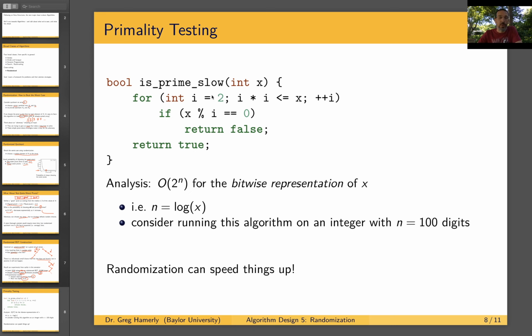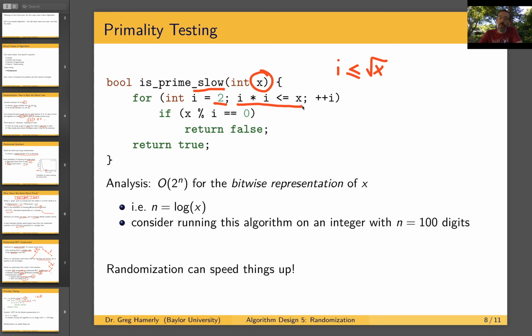It's not good code because, as you can see, it's slow. Given an integer x, we look at different potential factors, which we'll call i. We start at 2, and we go until, essentially, this code is short for, or a different way of saying, i is less than or equal to the square root of x. And if you think about it, you'll know why we can stop at the square root of x.